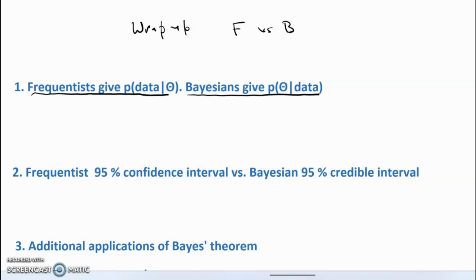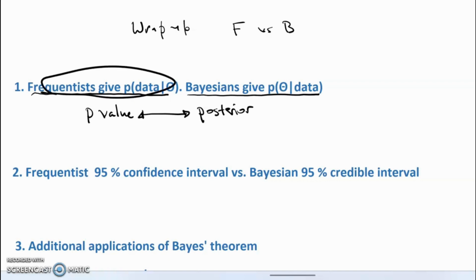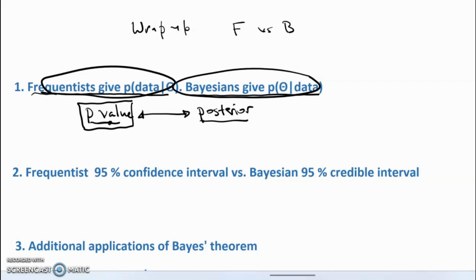To illustrate this difference, I'm going to use the frequentist p-value and compare it with the Bayesian posterior, but it's worth noting that this comparison is not a direct comparison of this versus this per se. Rather, it's a comparison of a particular frequentist method, the p-value, versus the Bayesian posterior, but I want to do it because p-values are quite commonly used in our statistical analysis.